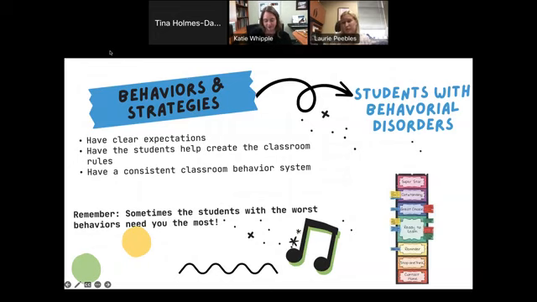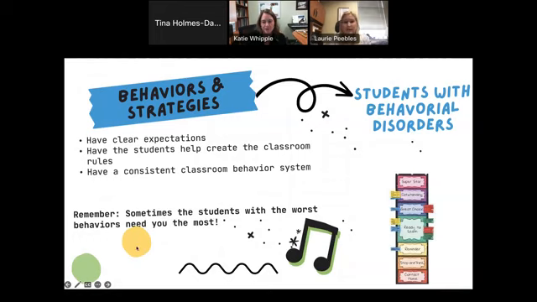And then the other thing is have a consistent classroom behavior system. The one on this slide on the right is a classroom behavior system that I utilized during my student teaching. My student teaching was in a general music class. Basically, every student had their own set of clothespins with their name on it.